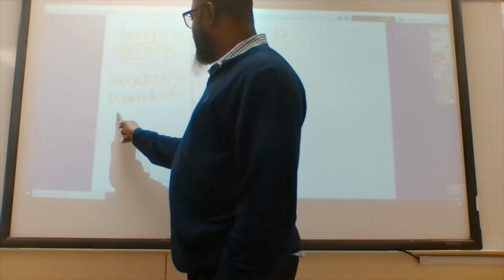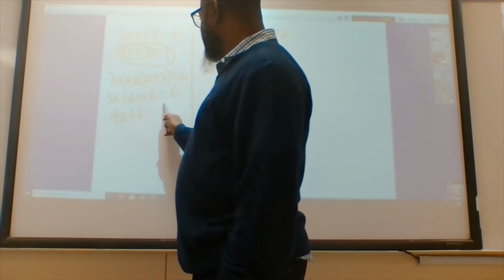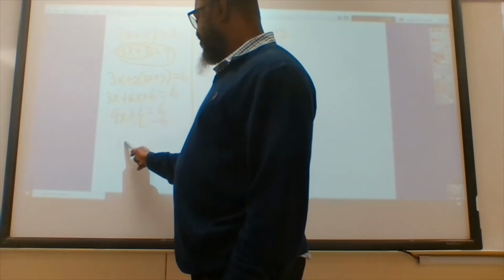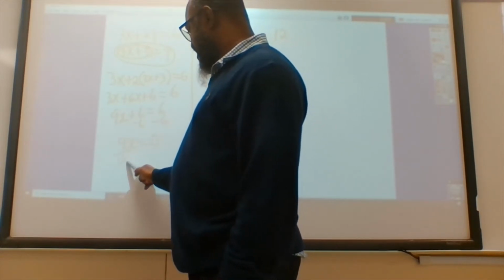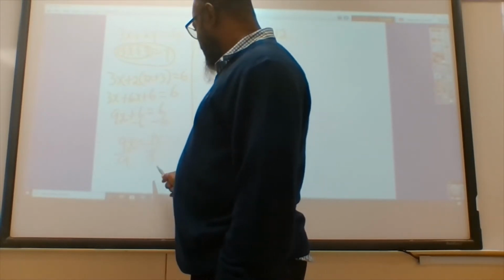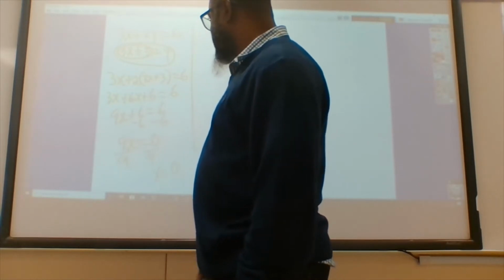So I will have 9x plus 6 is equal to 6. Subtract 6 on this side. Then I will have 9x is equal to 0. Divide by 9. In this case, when your numerator is 0, your entire fraction is 0. In this case, x is 0.